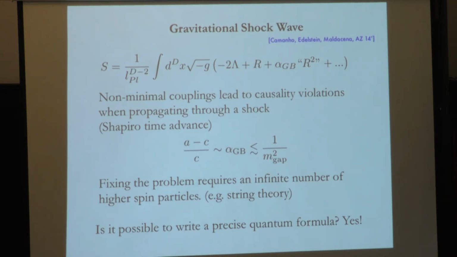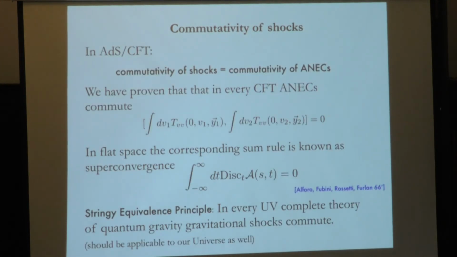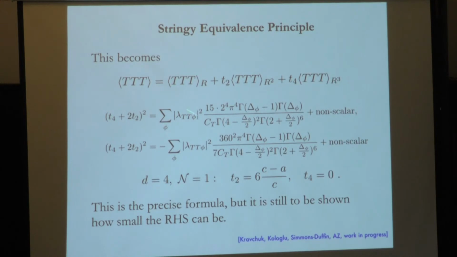But you can try to put something like a string scale, so you can put it below. So imagine a model where there's a Planck scale and an extra scale where this kind of corrections enter. In this type of model, you can bound this. And then you can write a precise formula for this A minus C and relate it to the gap.